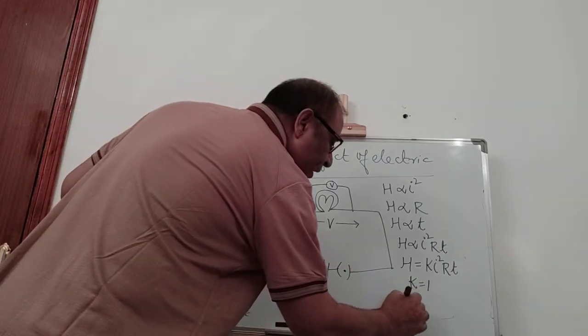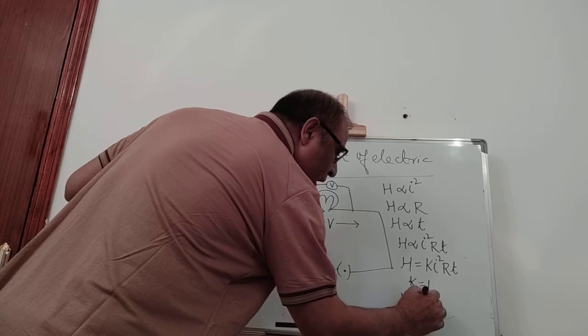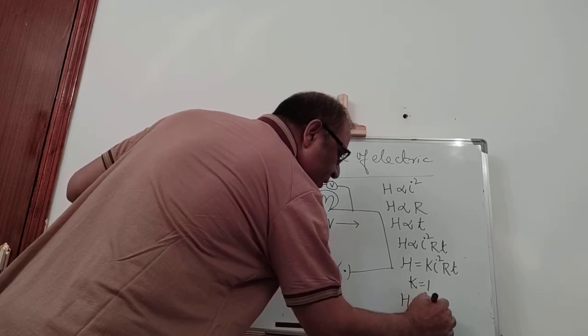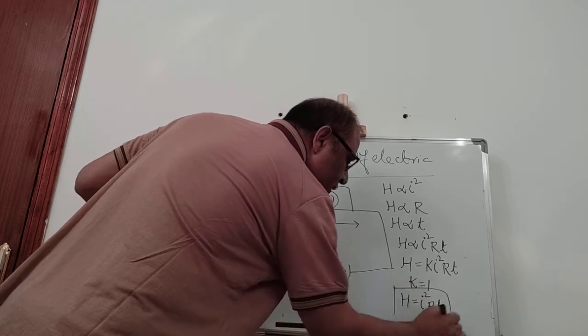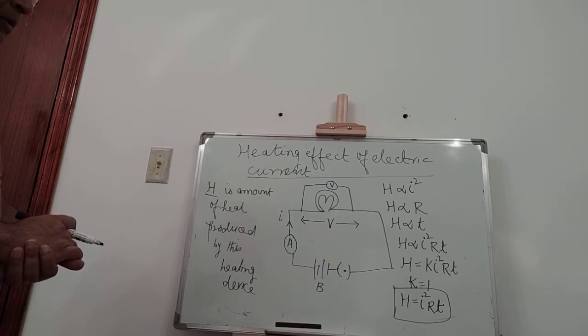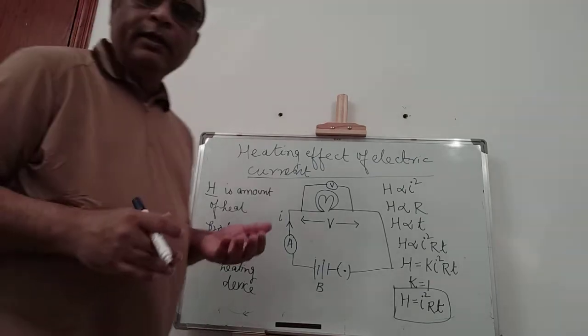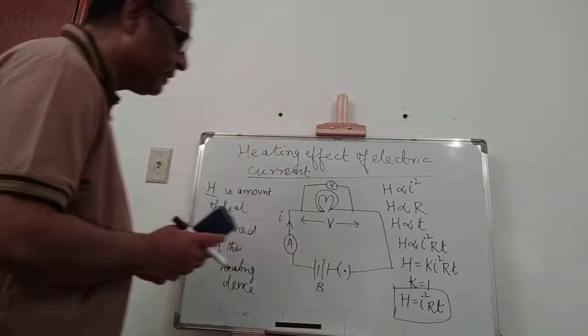So finally H equal to I square R T. This is the main formula for the heat produced by any heating device, electrical heating device.